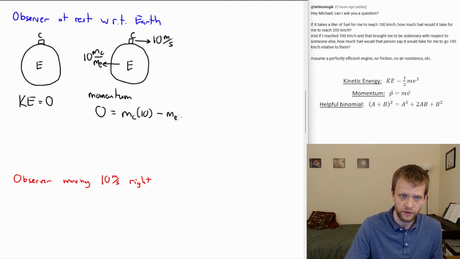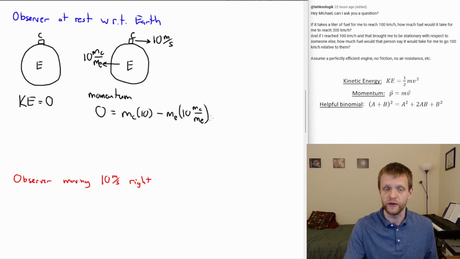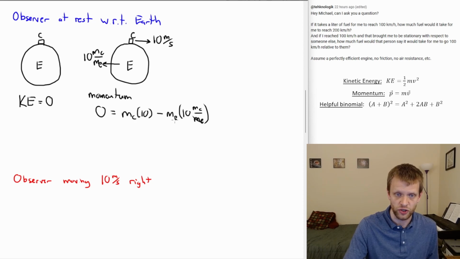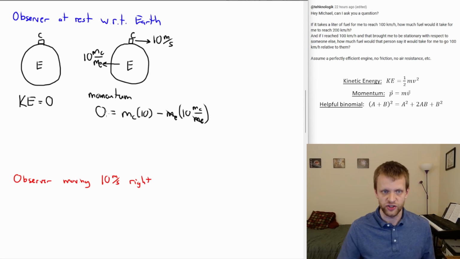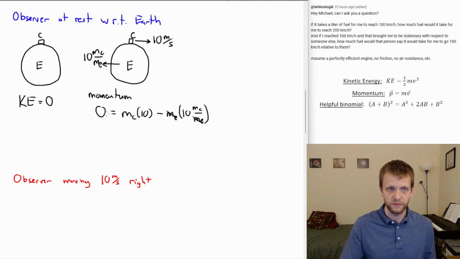The mass of the Earth times the velocity of the Earth, 10 times the mass of the car over the mass of the Earth, and you'll notice that these do in fact cancel out to 0. So the mass of the Earth cancels out. MC times 10 minus MC times 10 gives us 0 back. So we do conserve momentum here.